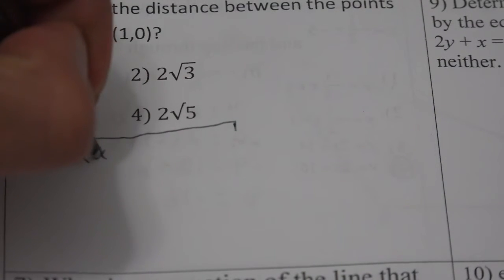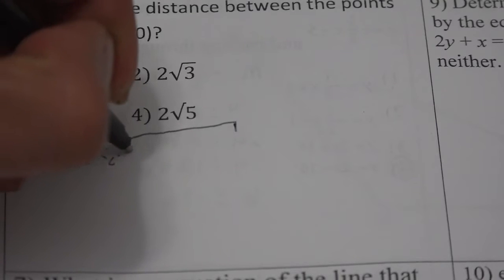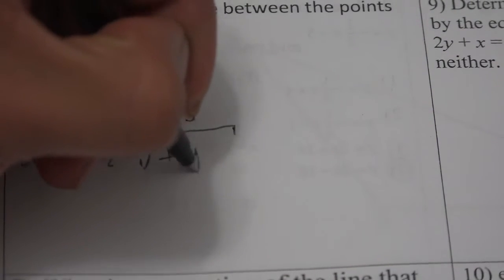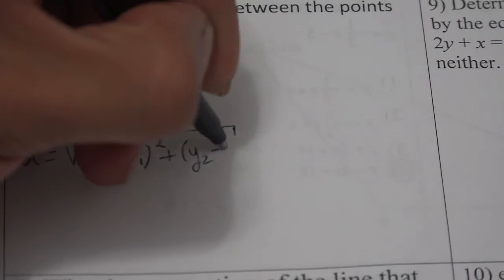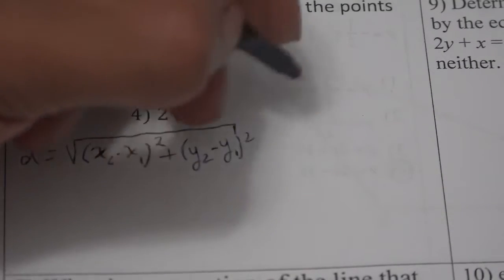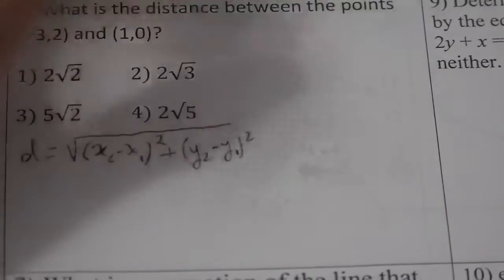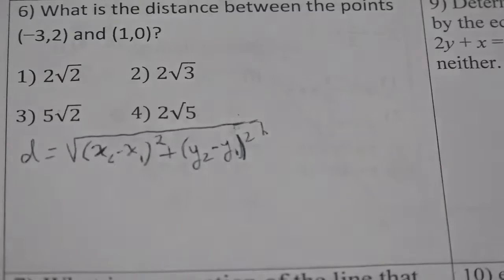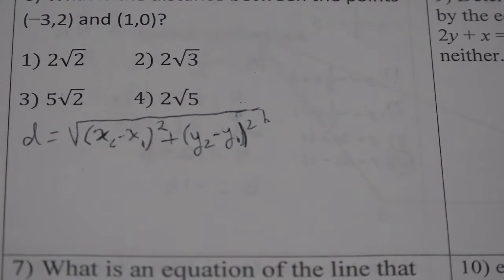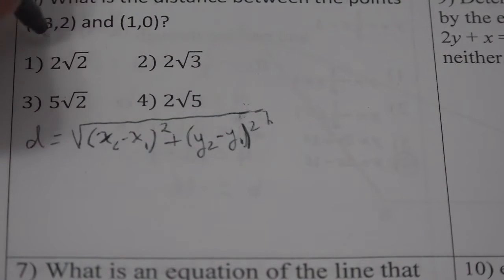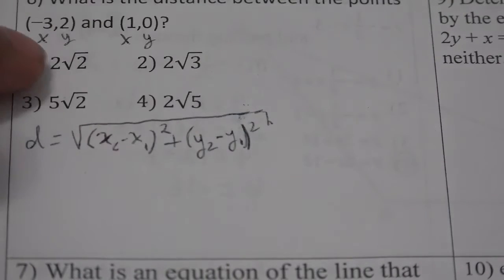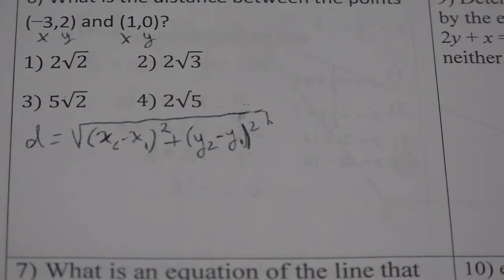It says x2 minus x1 squared plus y2 minus y1 squared. Then we label xy, xy. You make this the ones, this the twos, or this the twos, this the ones. It really doesn't matter which order you follow.